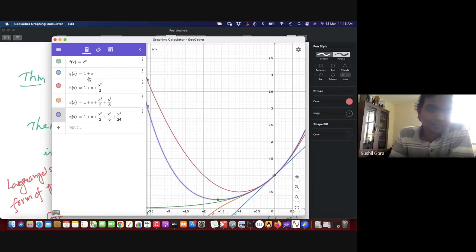So this is perfectly fine if you change the coefficient a little bit. The main problem here: the Taylor polynomial is uniquely determined because the coefficient is written in terms of the derivative of f.